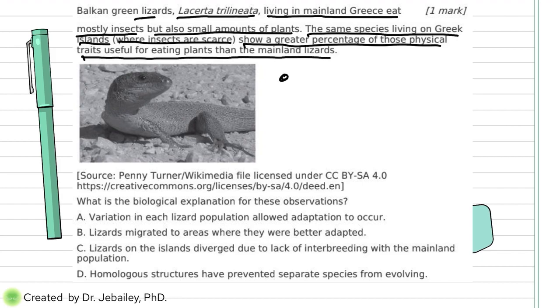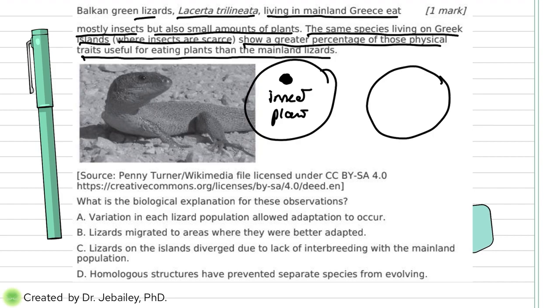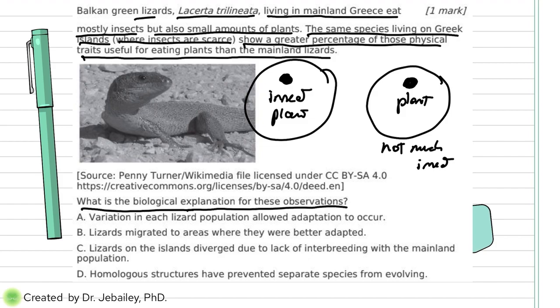So basically they're saying there's this one lizard here that eats insects as well as plants, and he's on one island. Now they're saying there's another island in which it's a lizard that looks a lot like the other one, but in this one, he's eating only plants. And the reason why is because there are not many insects, okay?